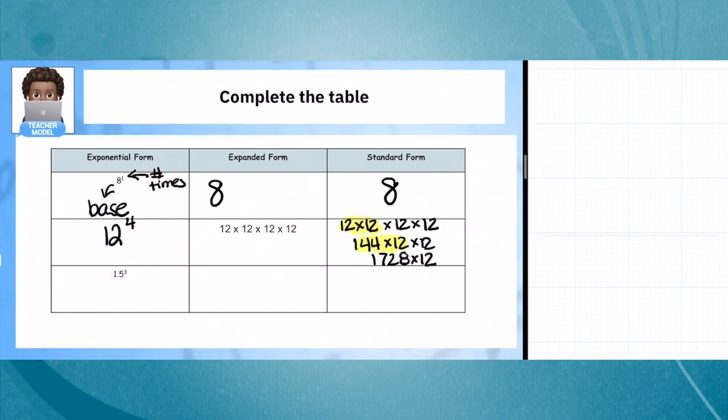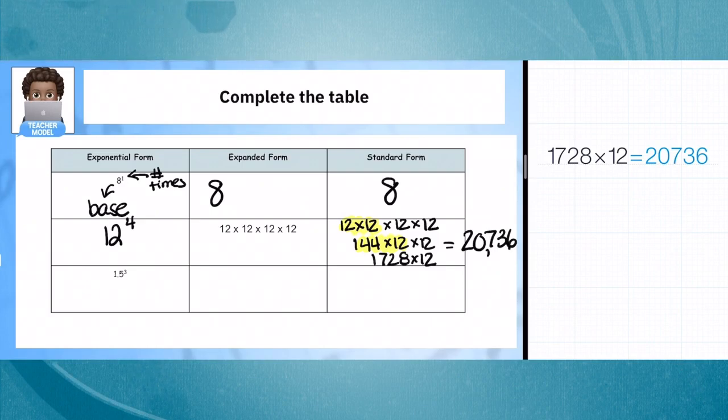And now we're going to multiply this times 12. And that gives us 20,736. So exponents can get large very quickly because we're repeatedly multiplying.